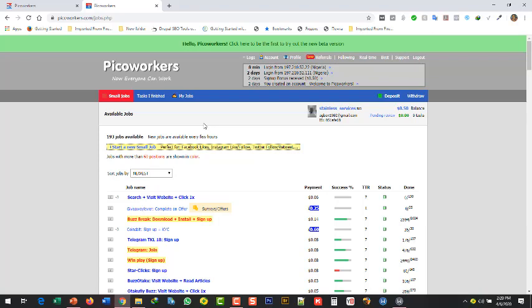Good, fine and good. But why am I using a Nigeria IP? And which one am I going to recommend for you? Now before I recommend, here are the disadvantages of a US address. For picoworkers.com, platforms change generally. In the future they might ask for documents relating to you being a US citizen.